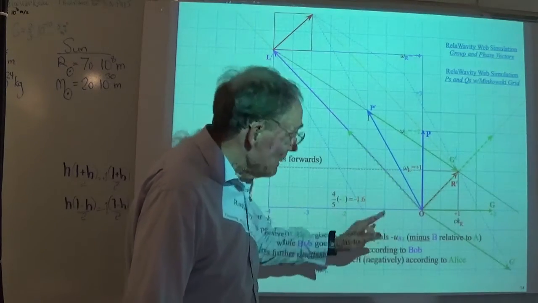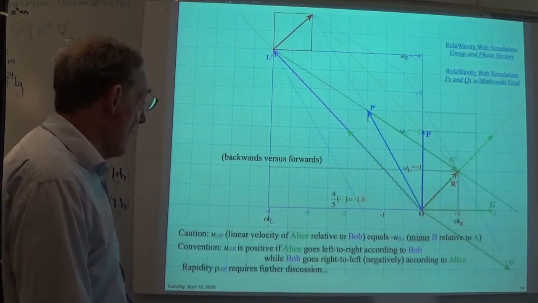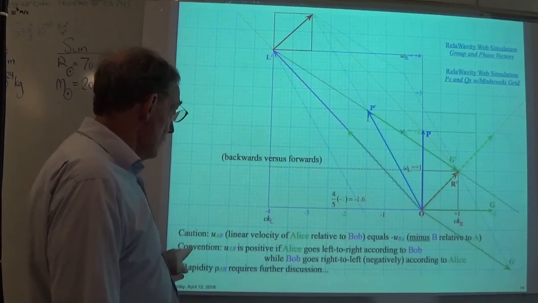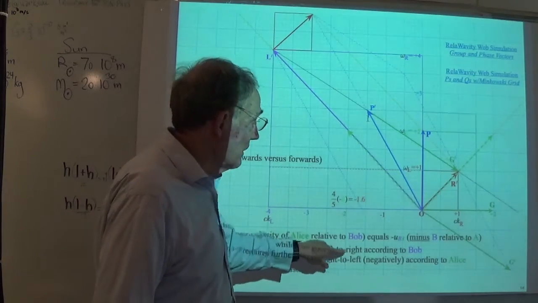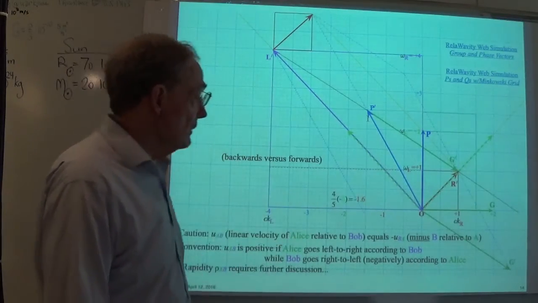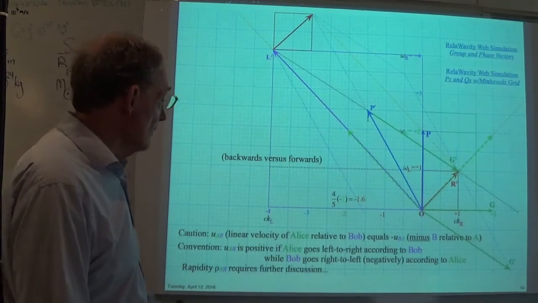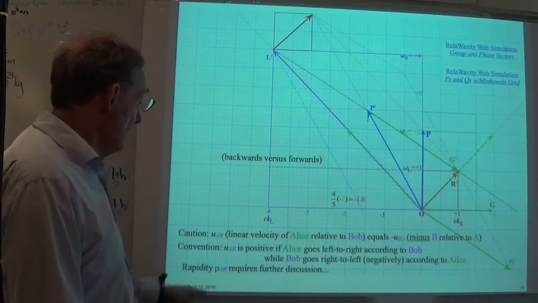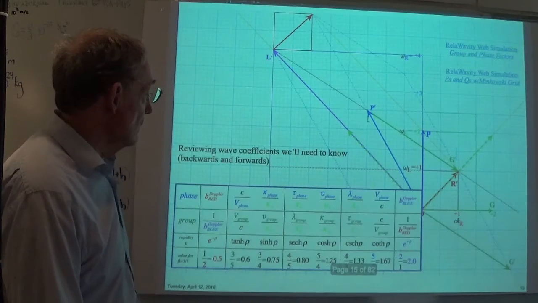Now that equals minus the velocity of Bob relative to Alice. That almost goes without saying, although it does require a little bit of thinking. So the convention for the linear velocity is that it is positive if Alice goes left or right, according to Bob. And of course the other one is negative, Bob sees the reverse. Bob sees right to left negatively according to Alice. Now rapidity requires further discussion, so I'll pass it up for right now, and we'll go on.